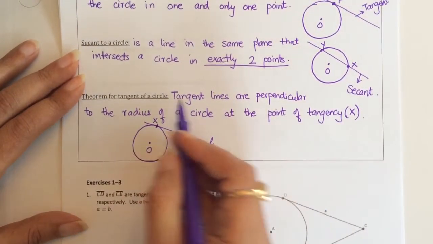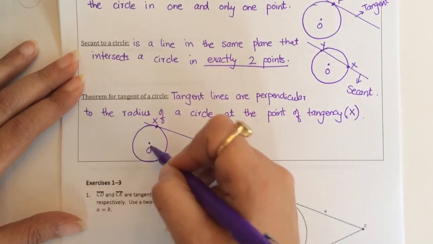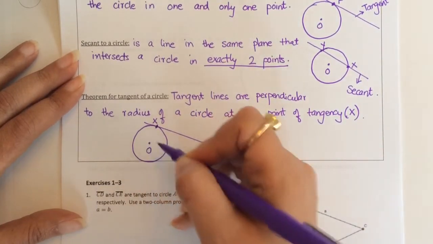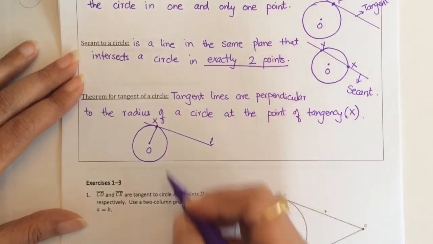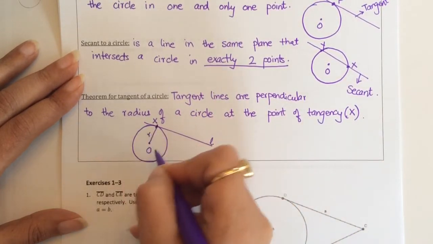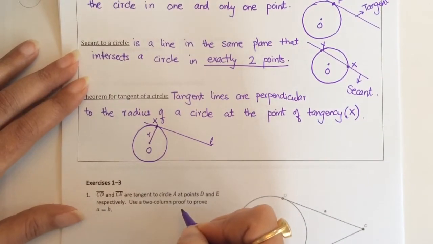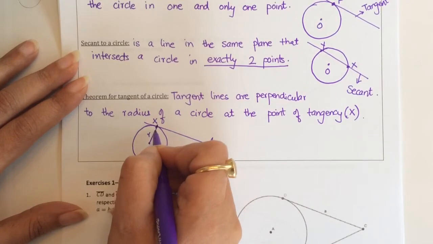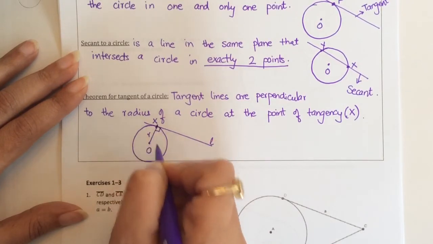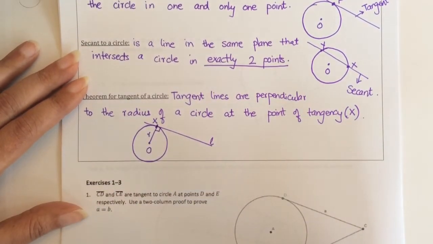If I draw a radius R to this point of tangency, it is going to be perpendicular to my tangent line at the point of tangency. That is what I'm trying to say.